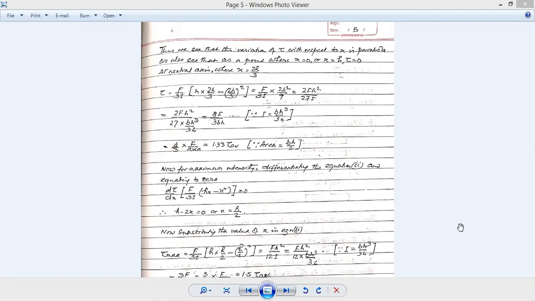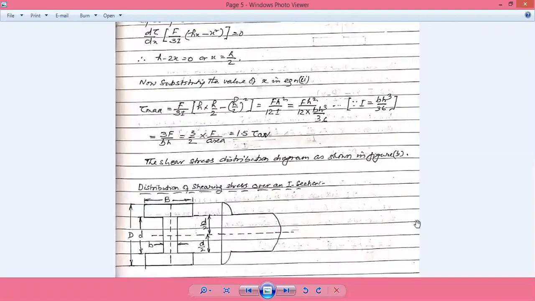Now for the maximum intensity, how will you get it? We have to differentiate the equation and equate it to 0. So d tau by dx of f by 3I times hx minus x square equal to 0.